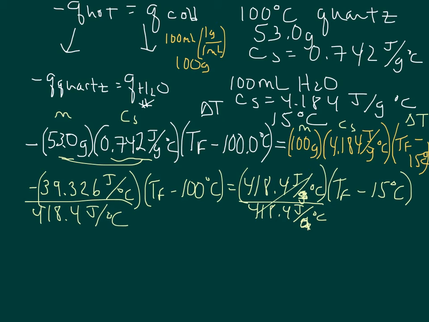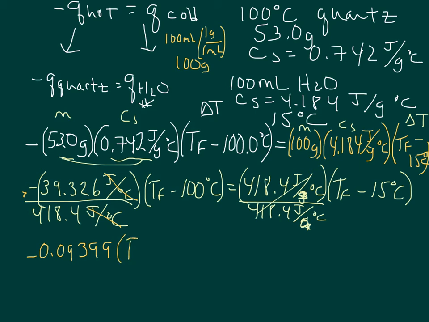We're going to divide 39.326 by 418.4, and remembering our negative sign there too, we're going to end up with negative 0.09399, and it's unitless now, so see how we canceled all those out.